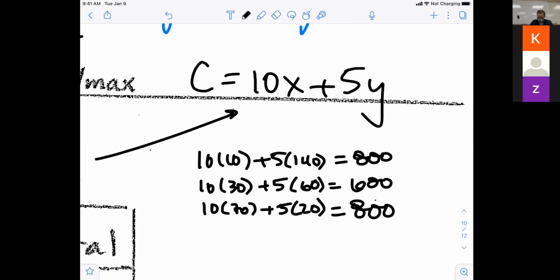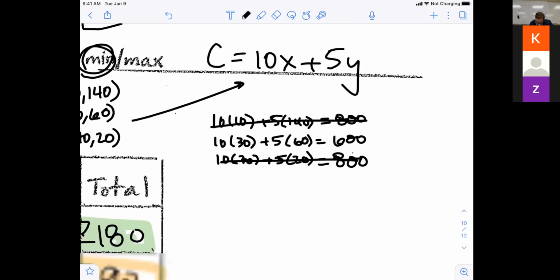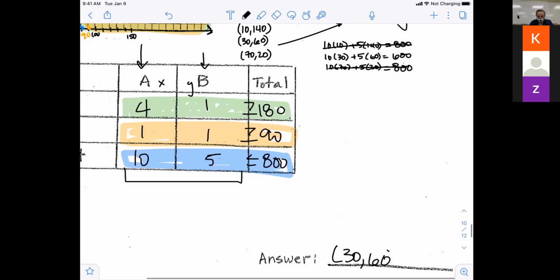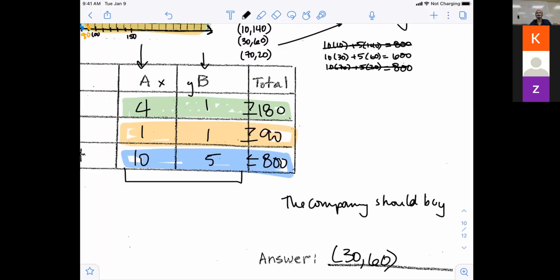So my answer is going to be 30, 60. And I'm going to write a sentence. I'm going to say, the company should buy. Wait, what do X and Y mean? What does 30 mean? What does 60 mean?